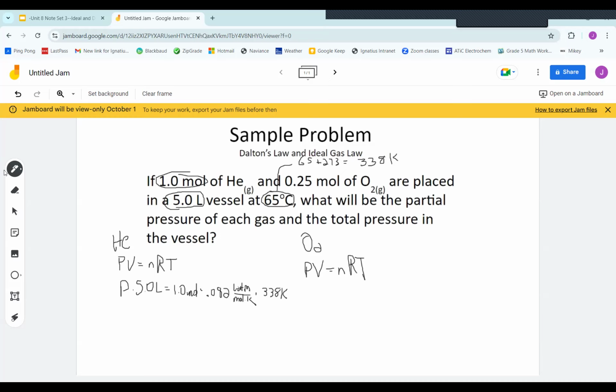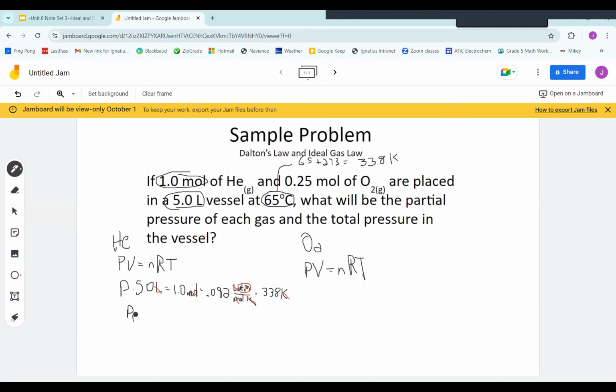If you follow the units within this equation, you'll notice that liters will cross out with the liters in the universal gas constant. Moles crosses out. Degrees Kelvin crosses out. The only thing that doesn't cross out is the unit for the pressure that we're going to solve for, atmospheres.